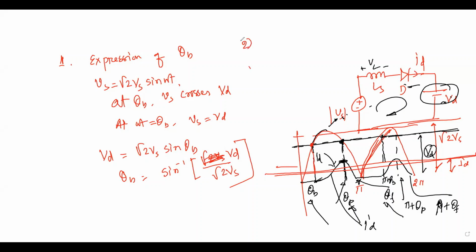Then number 2, we want to find out theta p. This one, theta p. If you know theta b, what will be the value of theta p by trigonometry?